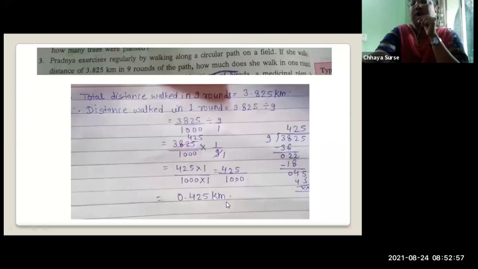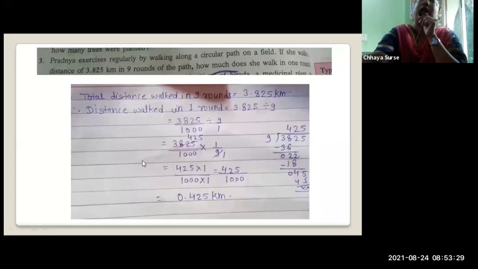You can use the kilometers because this place is kilometer place and this is the meter place. Clear? And if you write without the decimal point, you will write 425 meters. So the distance of one round is 425 meters. Clear? In this way, you can solve the word problems also.